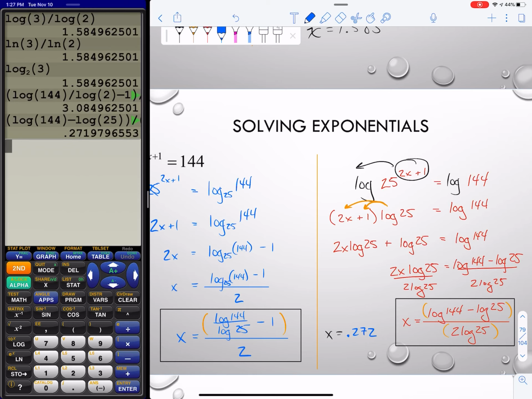All right, and let's see in that blue equation, do I in fact get that correct answer? So again, we're going to have log 144 divided by log of 25 minus the 1, close parentheses for the numerator, divided by 2, and there we go. Now we got the correct answer.